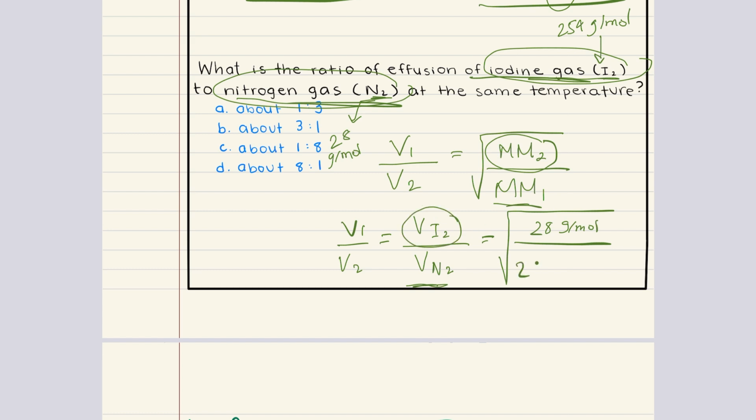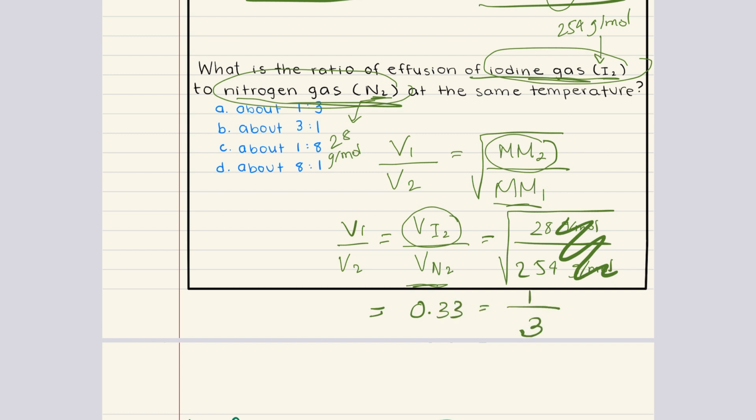That's 254 grams per mole. Our units cancel out, and we're going to get a ratio of the effusion of iodine gas to nitrogen gas. When we plug this into the calculator, we're going to get 0.33, or this is also equal to 1/3.